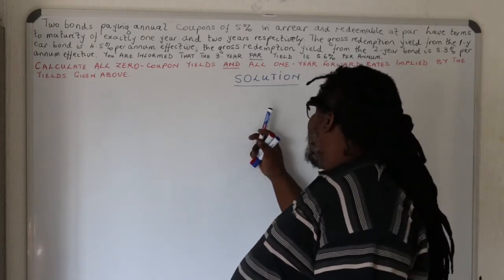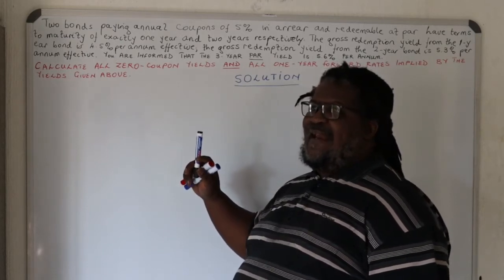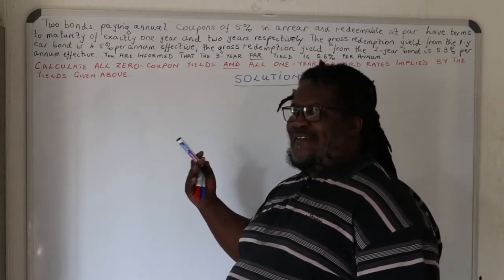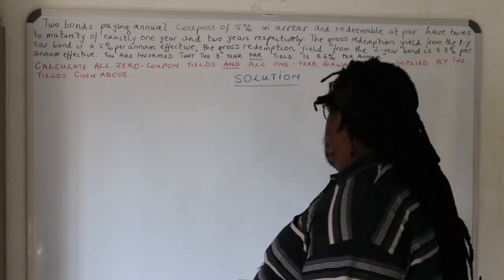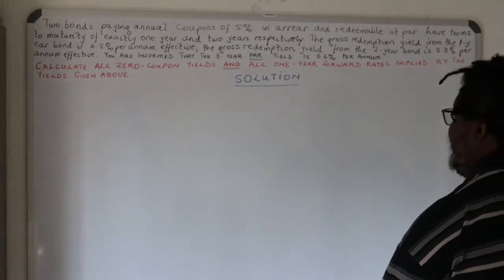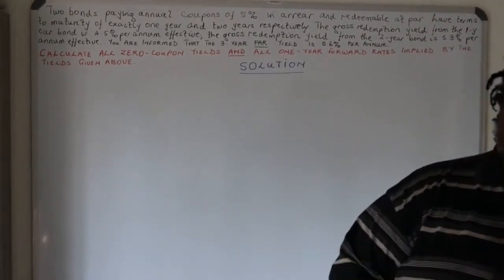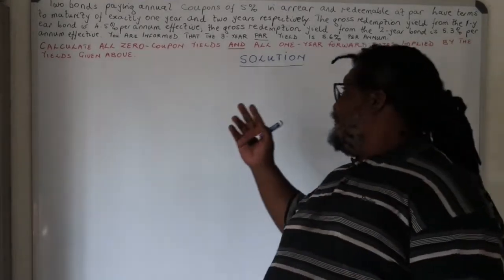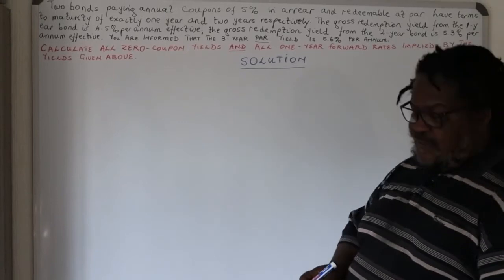It was a 12-mark question, and an understanding of what is required of you is the first step. So I will use my scripts, and we will solve the question as we go along.